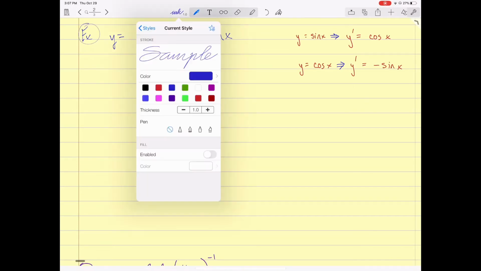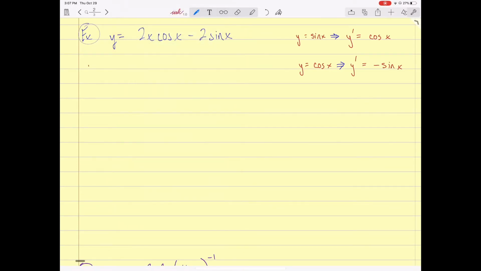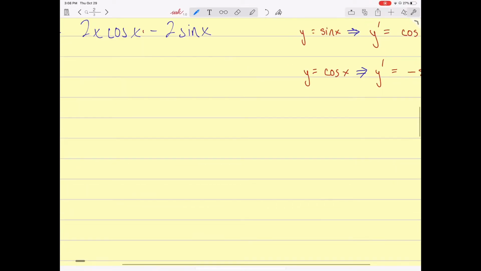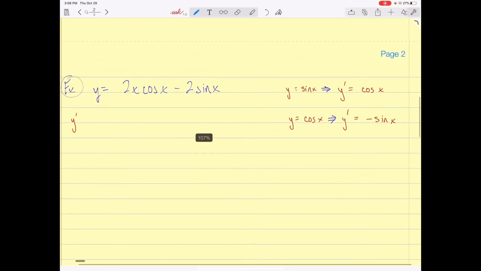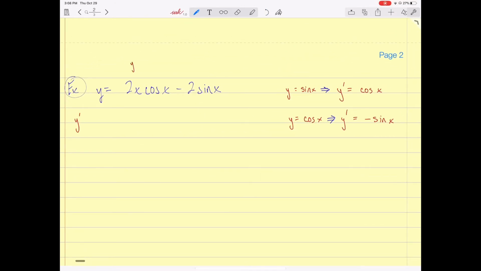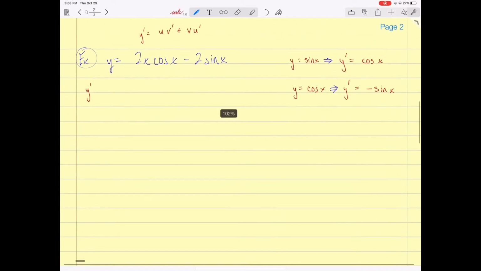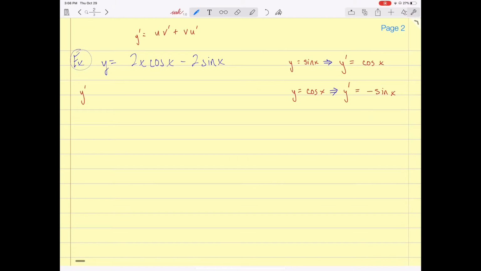Right here, let's solve this thing. For y prime, we're going to use the product rule, right? The product rule says u v prime plus v u prime. I'll just fill that in. Our product in this case is right with this first part.